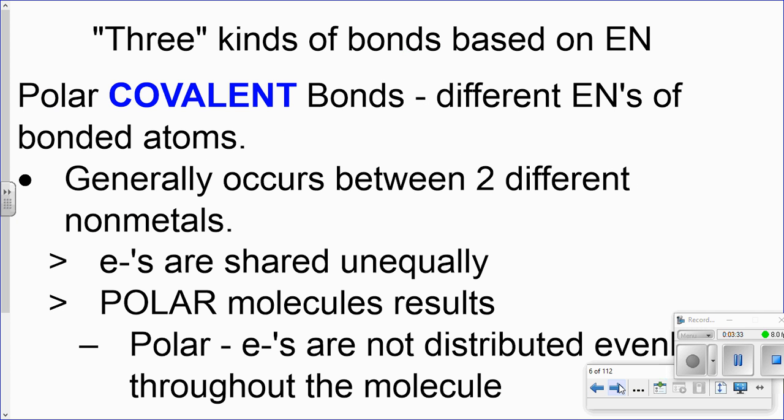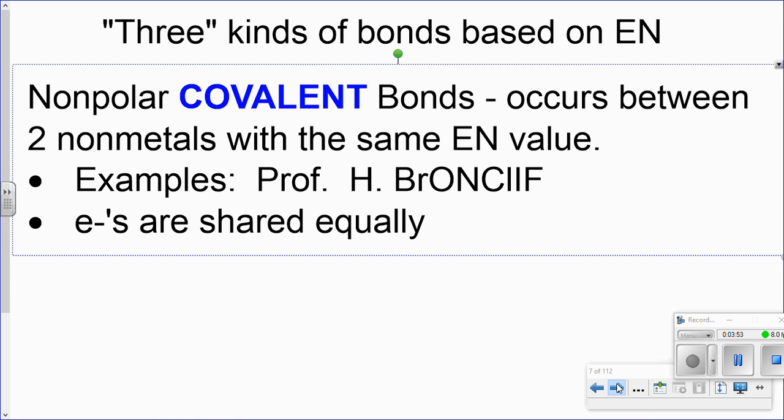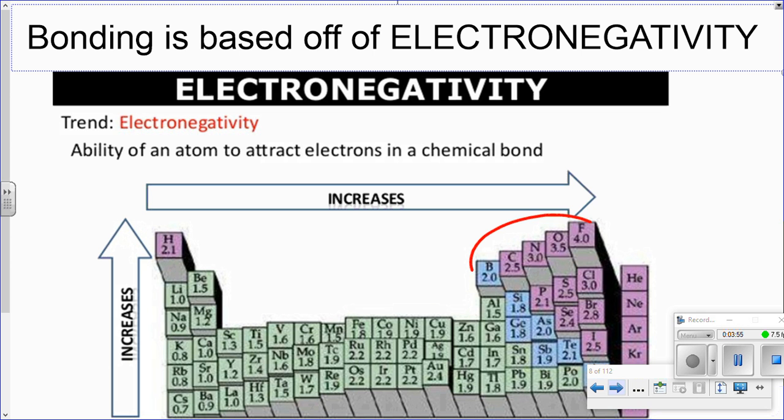The second kind of chemical bond is called a covalent bond. And again, we're going to break those down into two subcategories, polar and nonpolar. So let's talk about polar covalent bonds now. Electronegativities are different here, but they're closer. Why? Because they are between two nonmetals. If we take a look at the upper right-hand corner, these generally form polar covalent bonds.